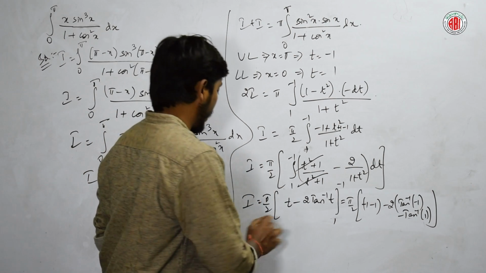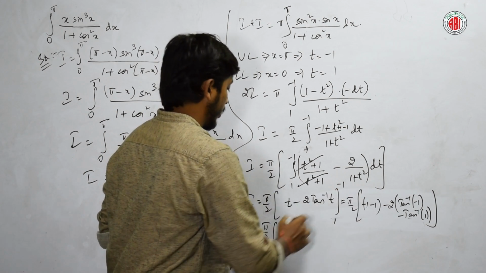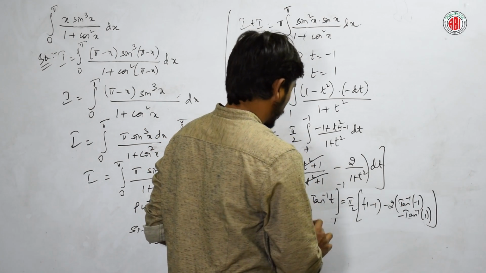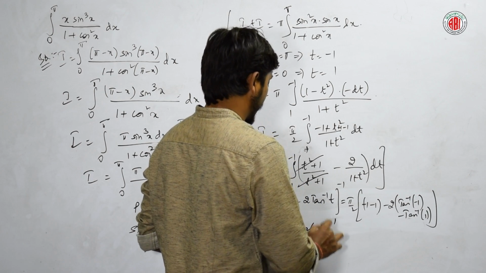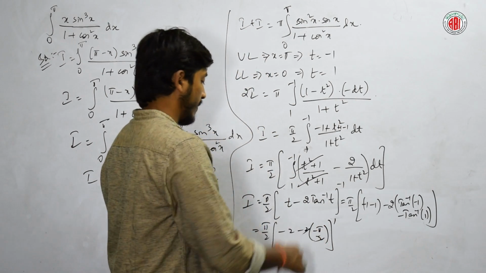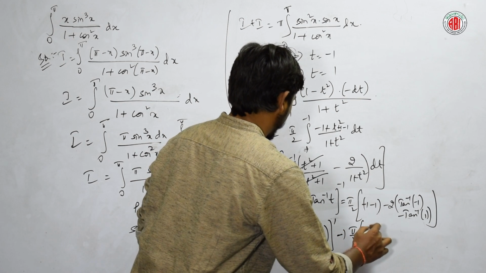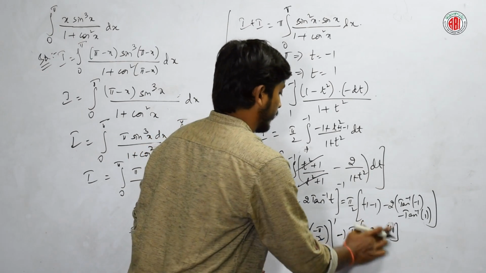Now just tell me, pi by 2, this is minus 2, this is minus 2 into minus pi by 4 minus pi by 4, that is minus pi by 2.